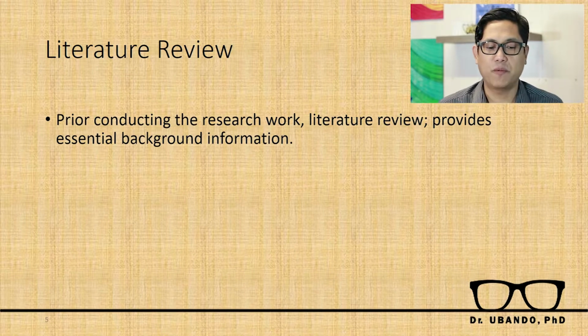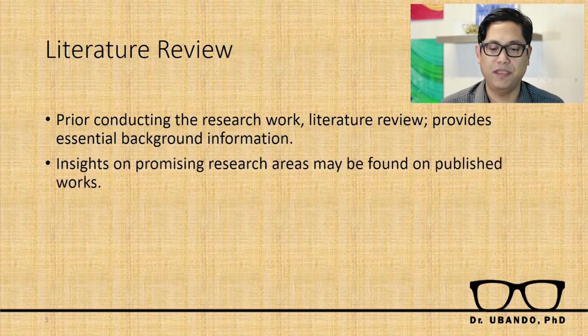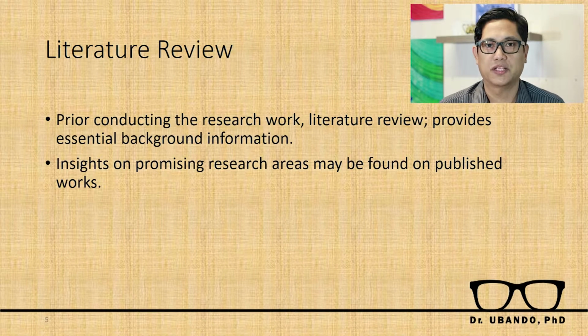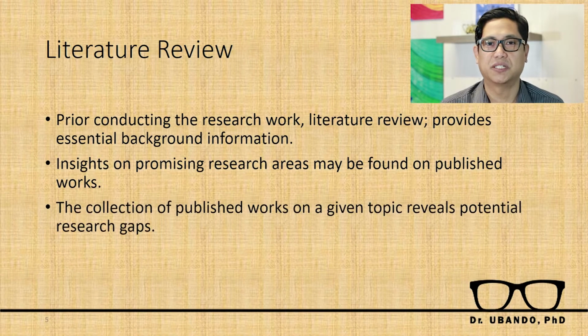Next, insights on promising research areas may be found in published works. So it is essential for us to have access to published papers on our topic for the problem statement. Next, the collection of published works on a given topic reveals potential research gaps. And this is one of the advantages in doing your literature review.